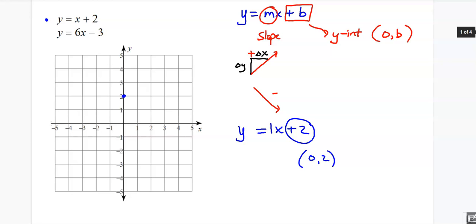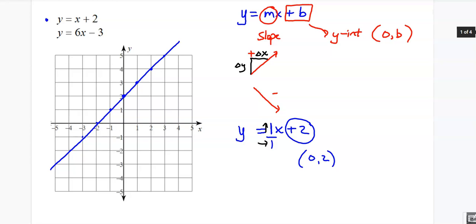There's where we cross the y-axis. My slope is positive, and since it's positive 1, we can put a 1 in the denominator, and that means we're going to go up 1 unit and right 1 unit. So from this dot, go up 1, right 1, up 1, right 1, and we get our line here, and we connect them.